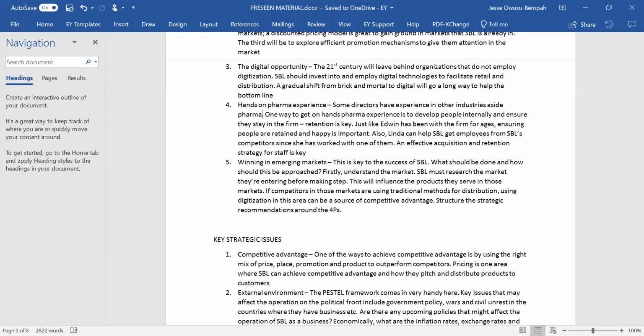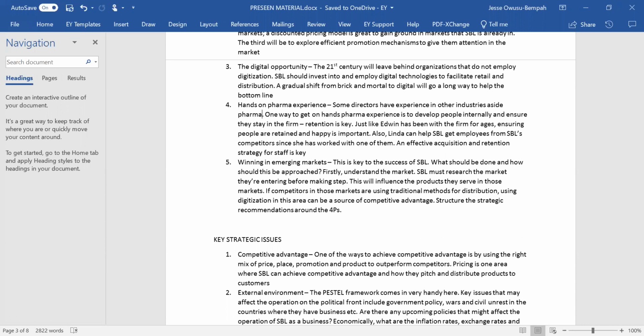You don't want to lose them to customers. For example, if someone has been in the firm for very long, like Edwin, who knows a lot about the firm, you'd want to retain people like them because they are very valuable to your organization.